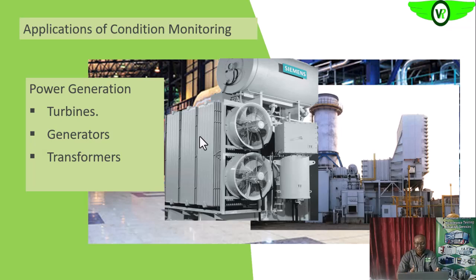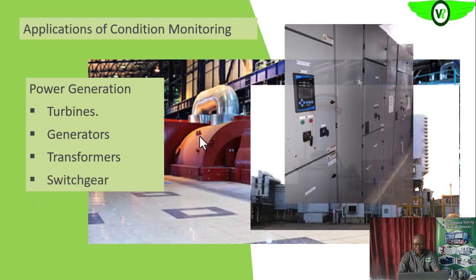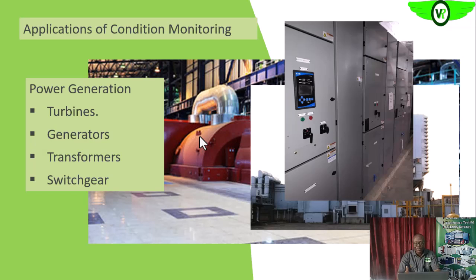Then we can do oil analysis and dissolved gas analysis to know what is actually happening within those windings. All of those can give us an idea of what is happening within the transformer. So we can also deploy condition monitoring on transformers and even switchgears.